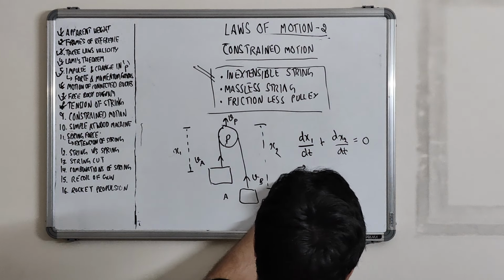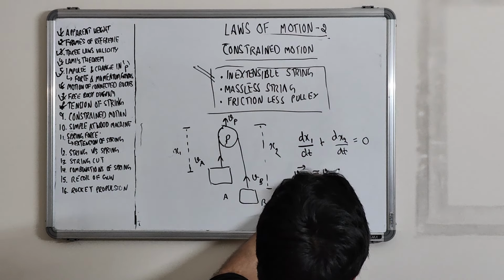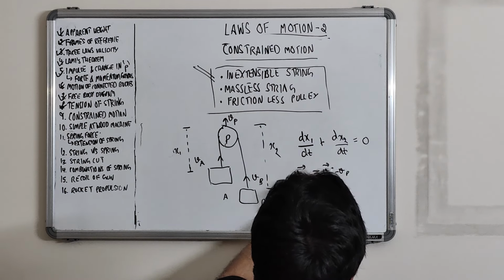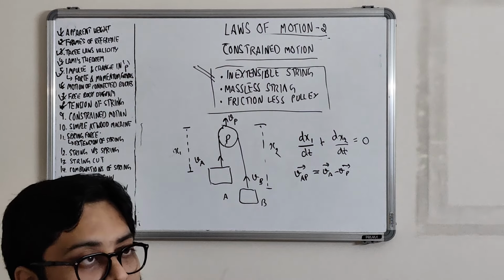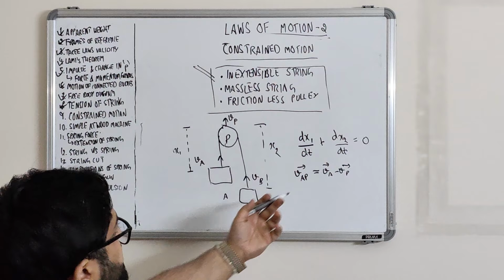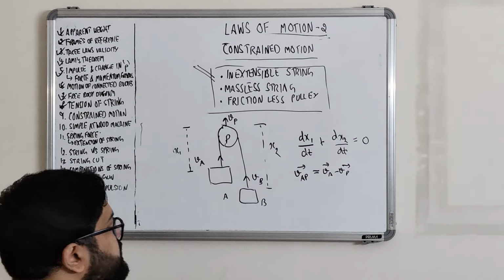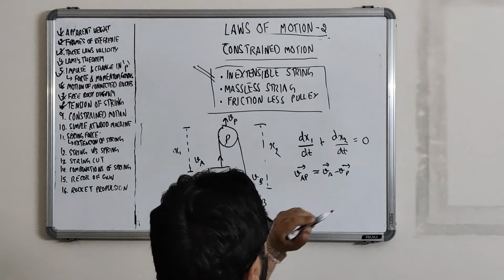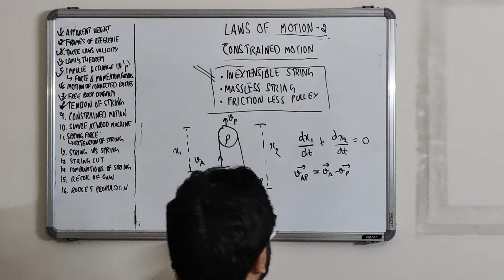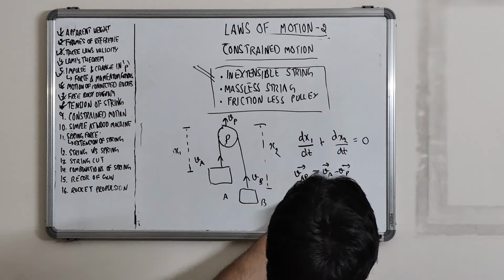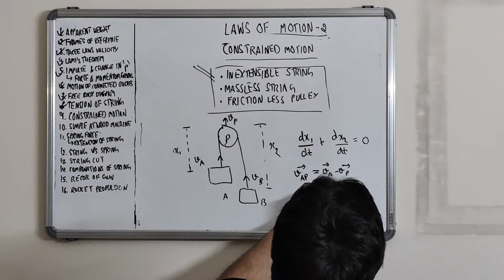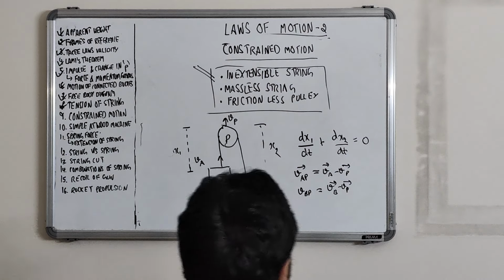That will be VA minus VP, because both are moving up. These are the assumptions. If the assumptions change, we can just change the signs because they are vectors. So VAP, and VBP similarly turns out to be VB minus VP.